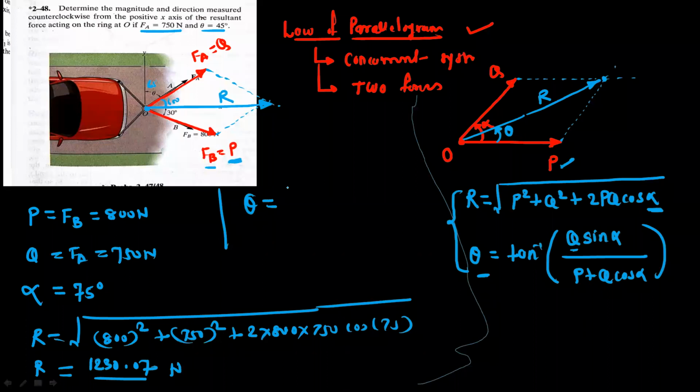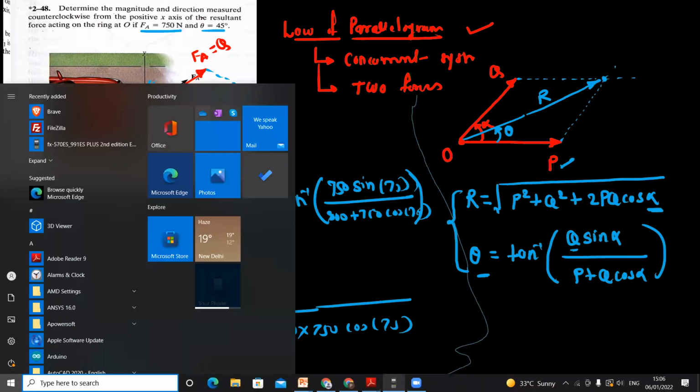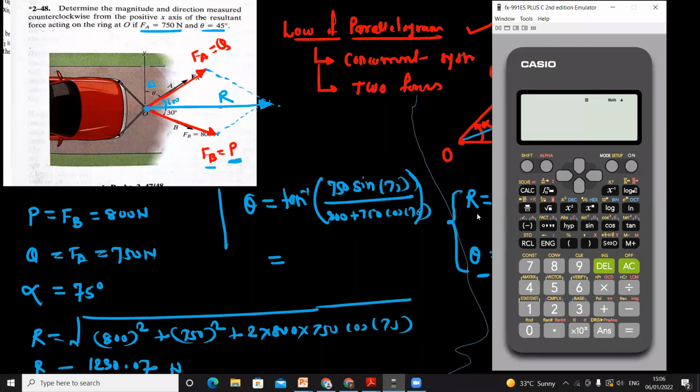And this theta will be tan inverse. Force Q is FA and its value is 750 sin 75 upon P, which is 800 plus 750 cos 75. For this, you can use shift tan inverse and use the fraction.